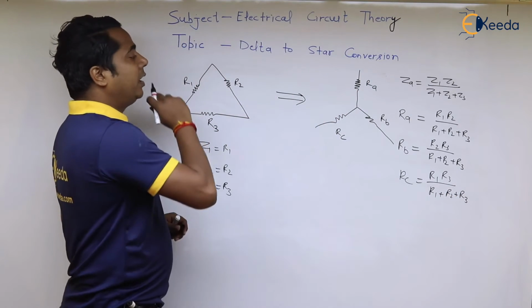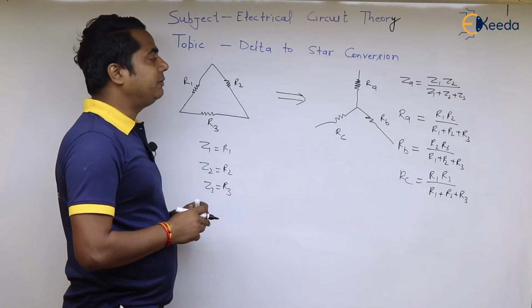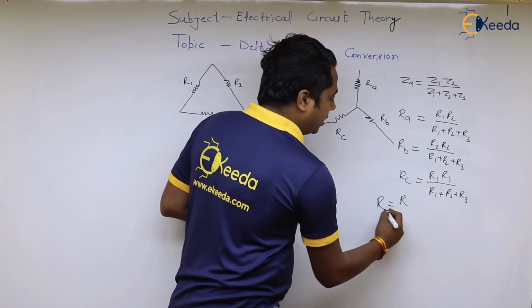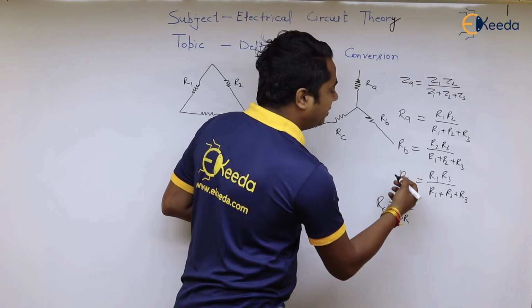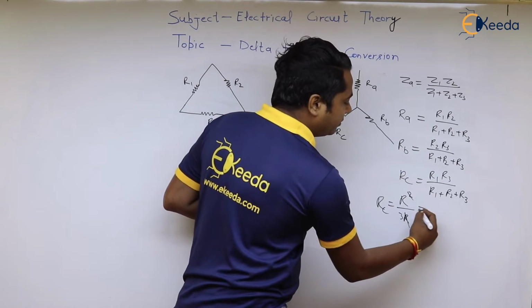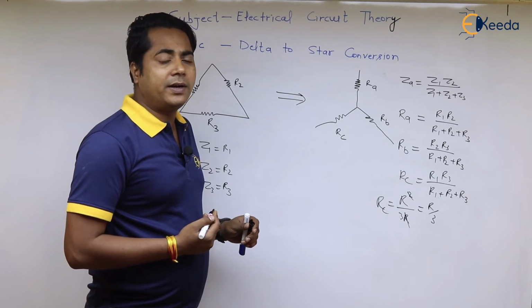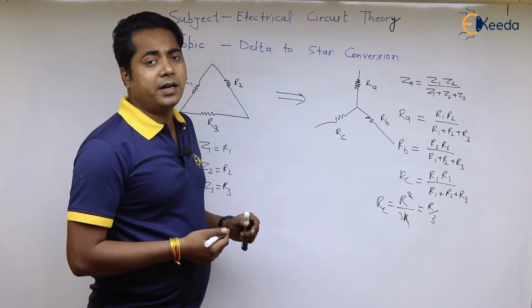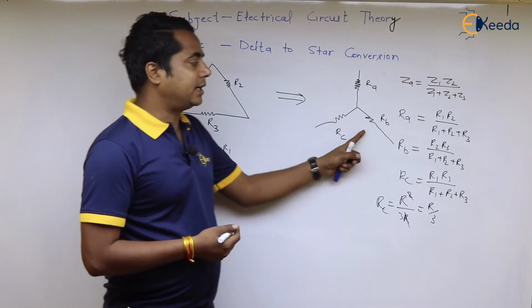And if the resistors are all the same, that is R1 is equal to R2 is equal to R3 is equal to R, then RC will be equal to R square upon 3R. RA is equal to RB is equal to RC, and this will be R by 3. It means, like impedance, the value of resistance also decreases by 3 times when we convert three resistances connected in delta to star.